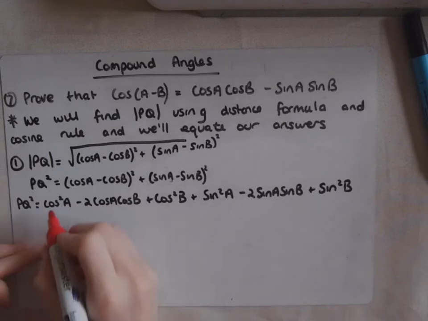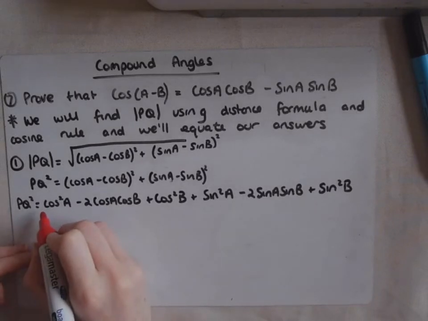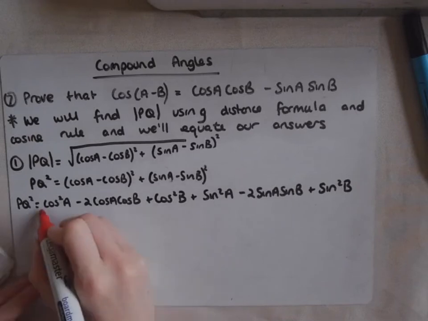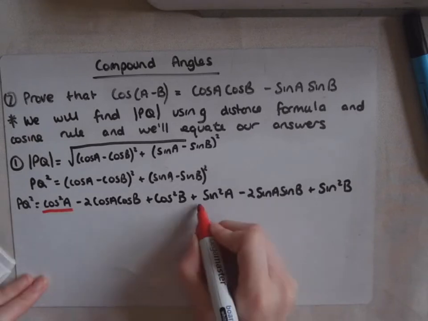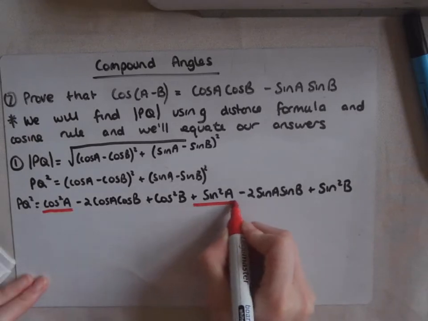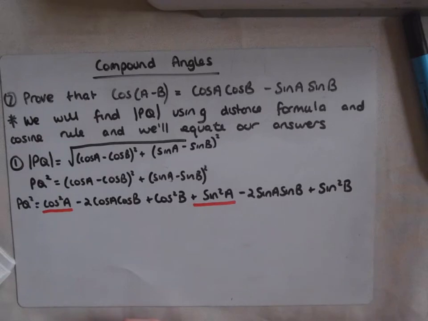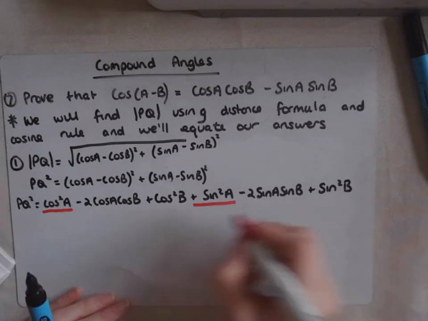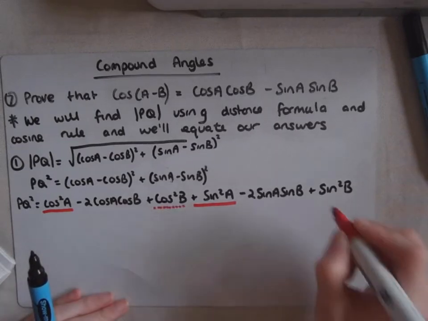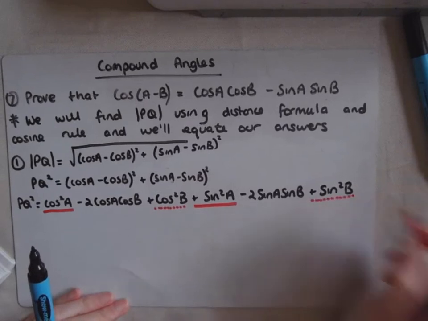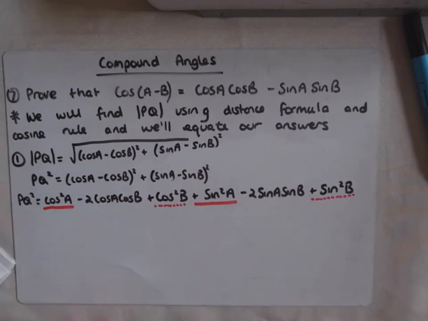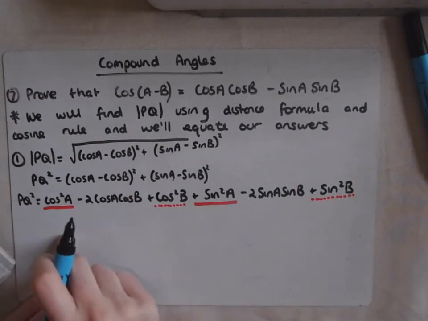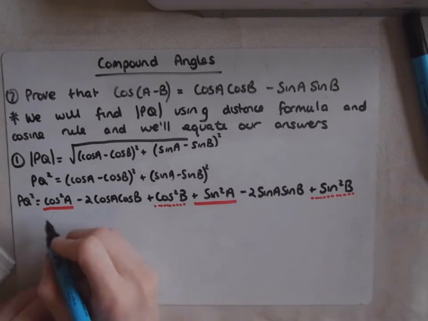Now from there, cos squared A plus sine squared A is what? 1. And cos squared B plus sine squared B is 1. You can write a little note to yourself if you want that they're 1, but in your proof, you're just saying 1 plus 1 is 2.